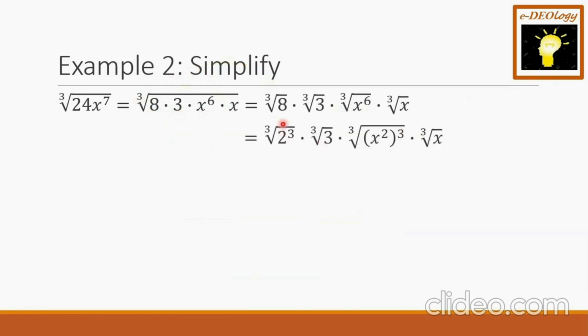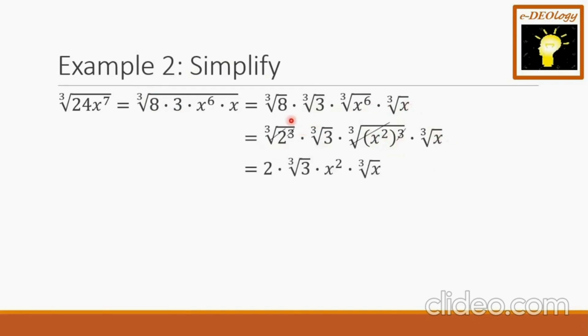And then we're going to show this number 8 to be equal to 2 cubed. This one we'll just simply copy down here, and this term here, the x raised to 6, we're going to show that this is x squared raised to power 3. And the cube root of x we simply copy here.